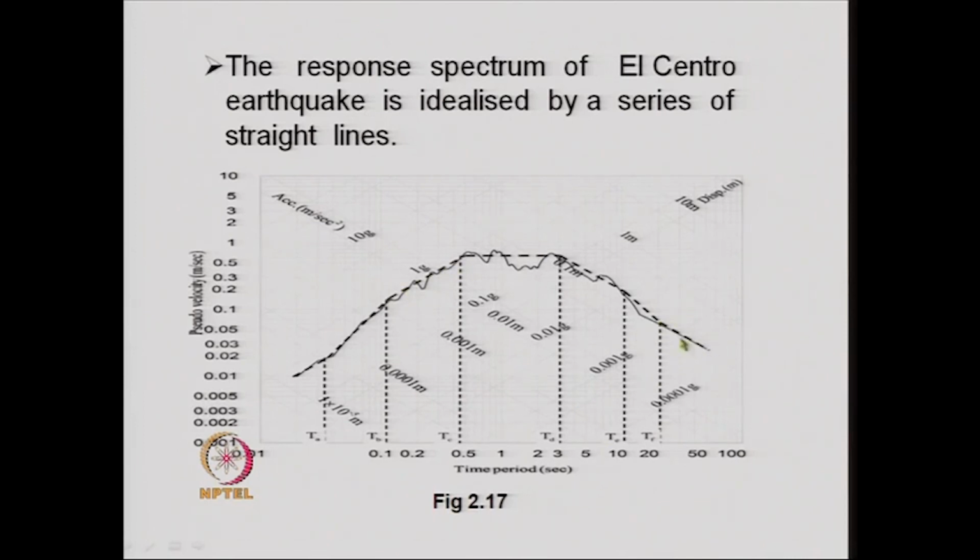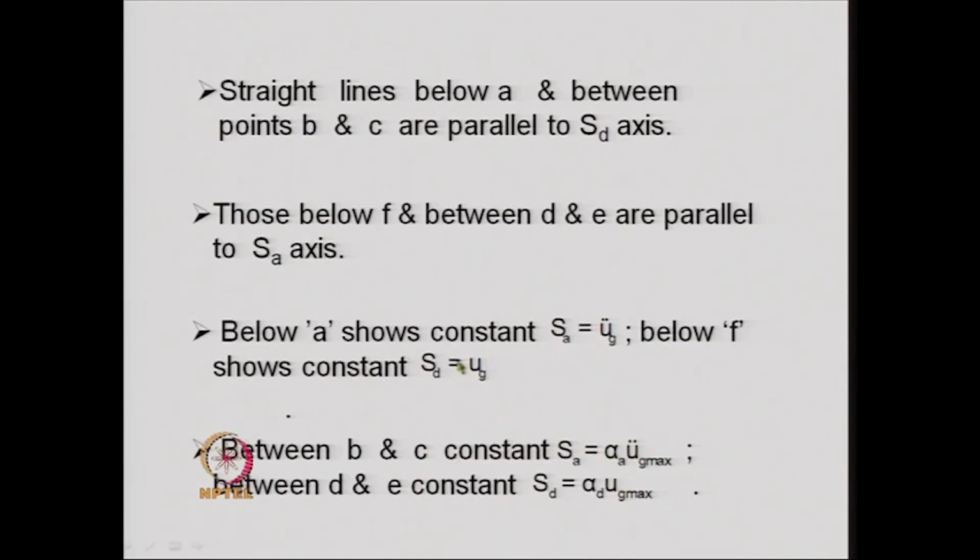Similarly, the maximum ground displacement is represented by this segment, and this portion of the segment, which is parallel to this, shows a maximum displacement equal to some multiplication factor multiplied by the maximum ground displacement. So, that is what is written over here.